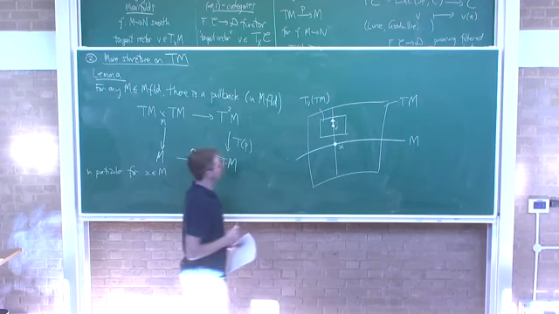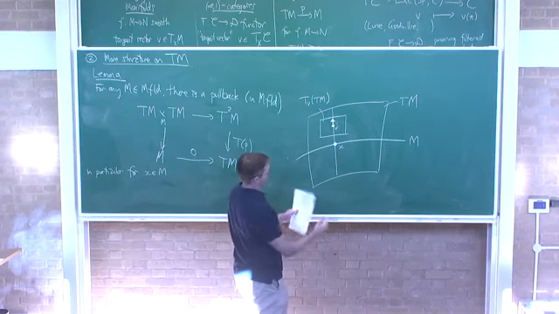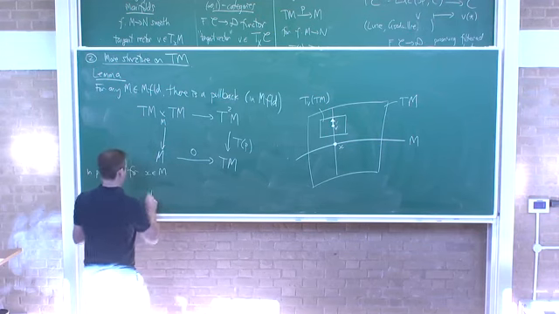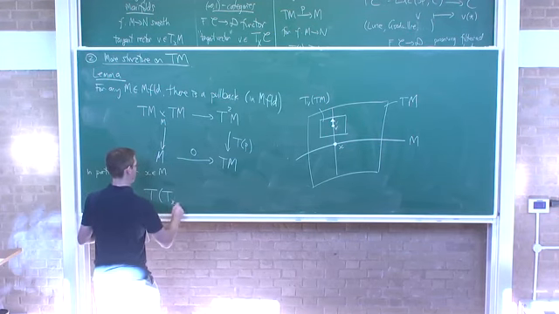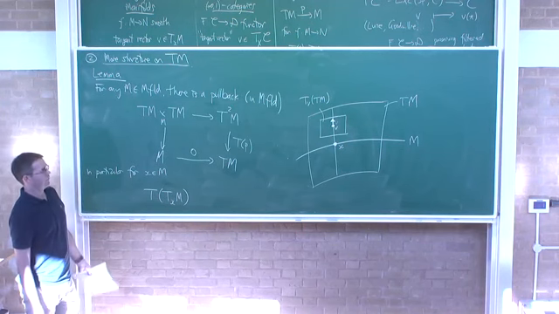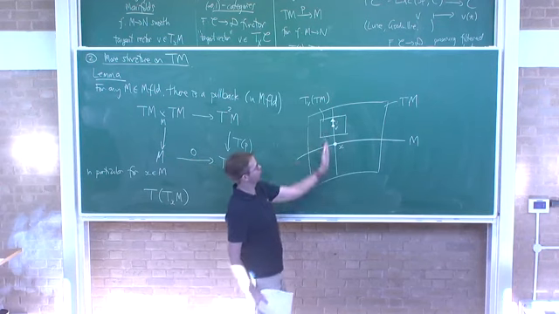Something like that is in the tangent bundle of the tangent space. So that vector is tangent to the tangent space.